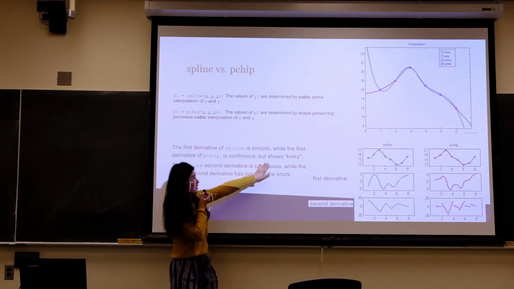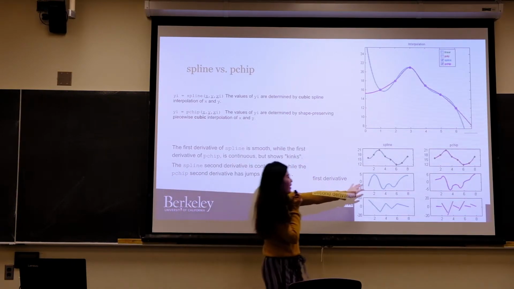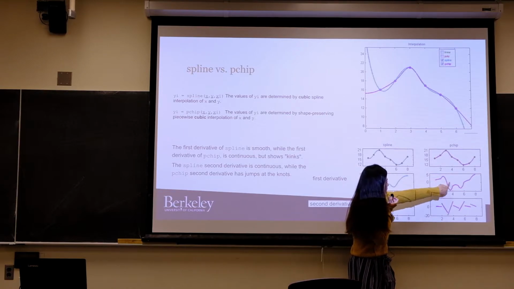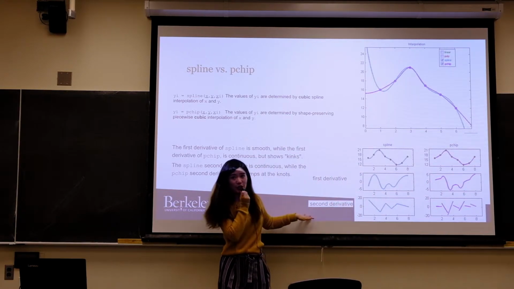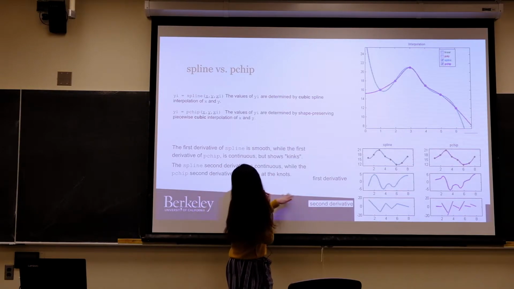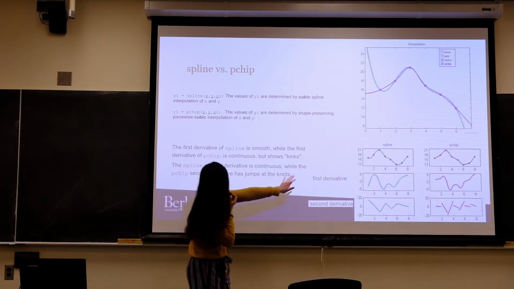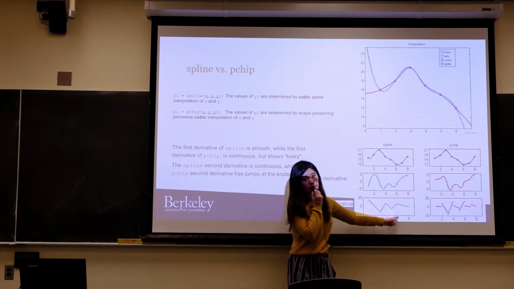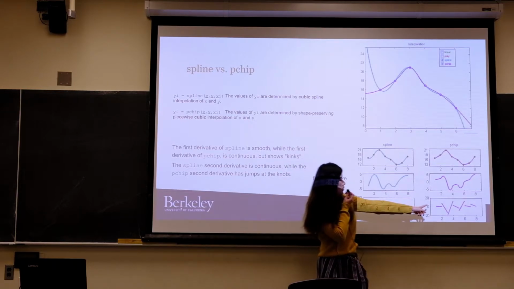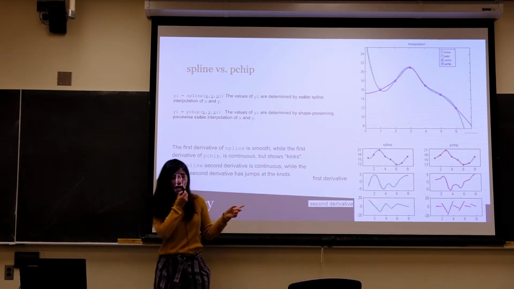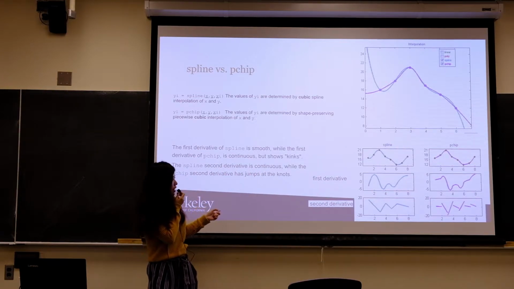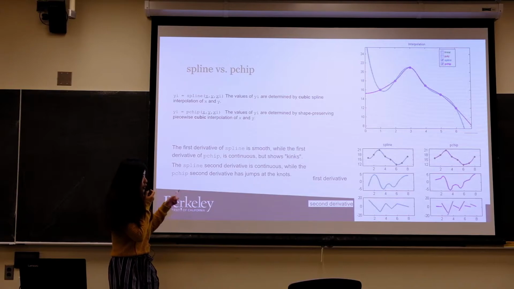So it shows some kinks. Can you see that? And also for the second derivative, the spline method is continuous. However, for the pchip method, the second derivative is not continuous. So this is the difference between these 2 methods.